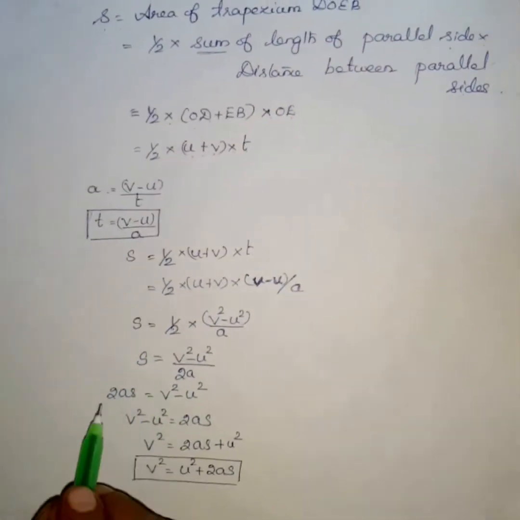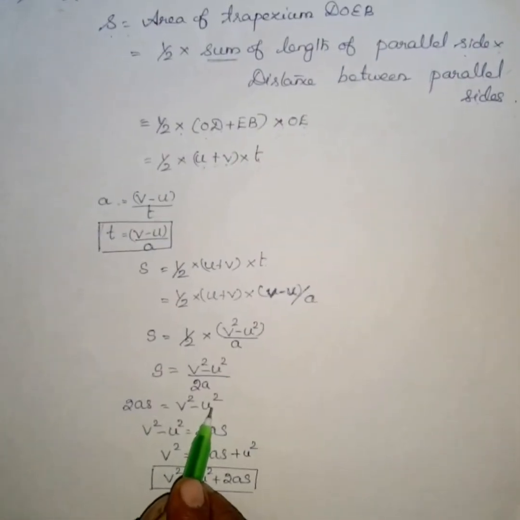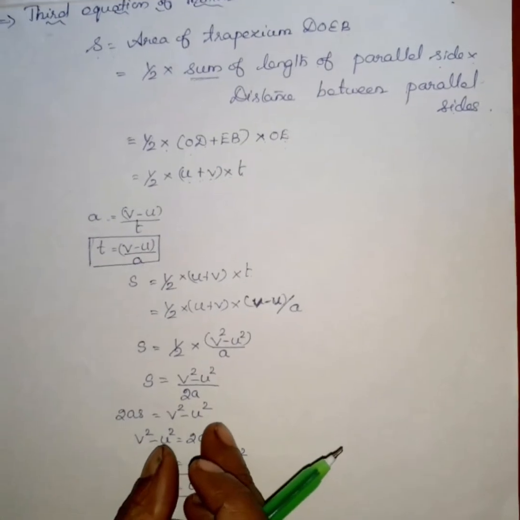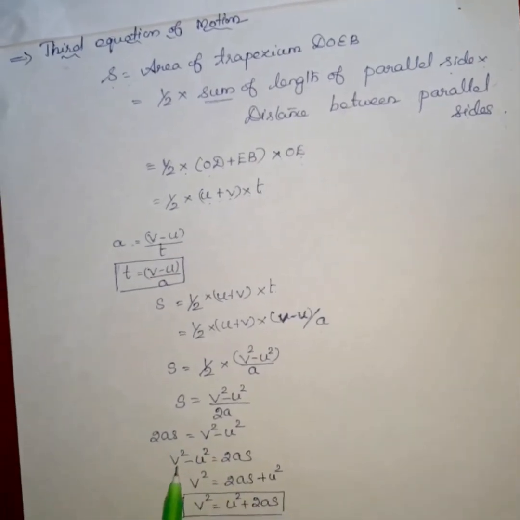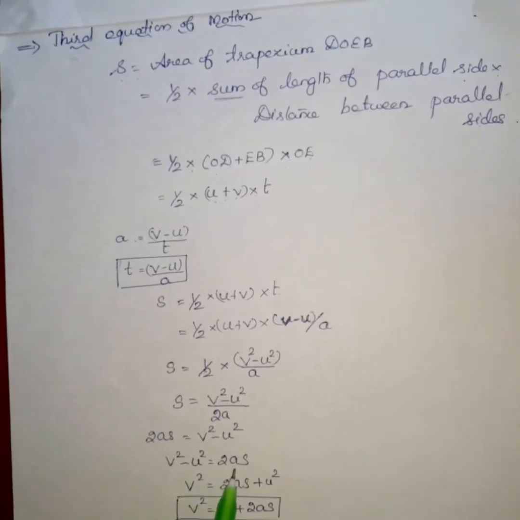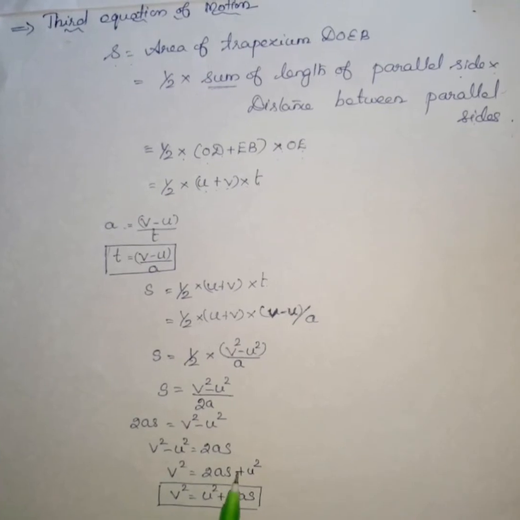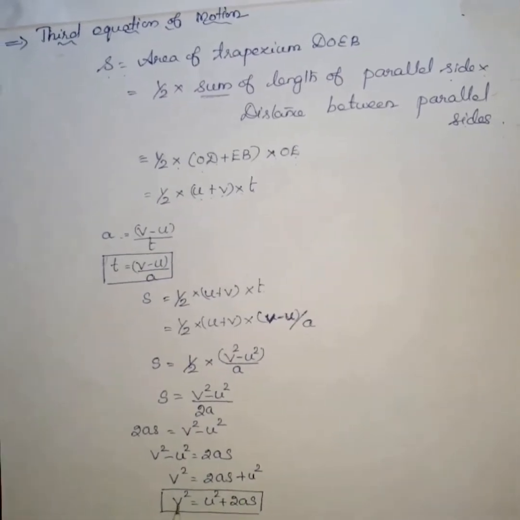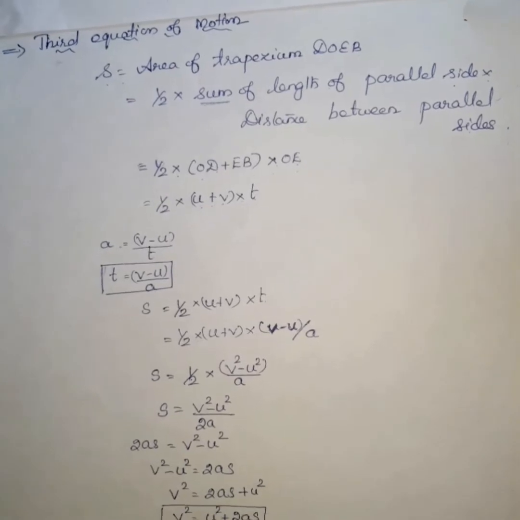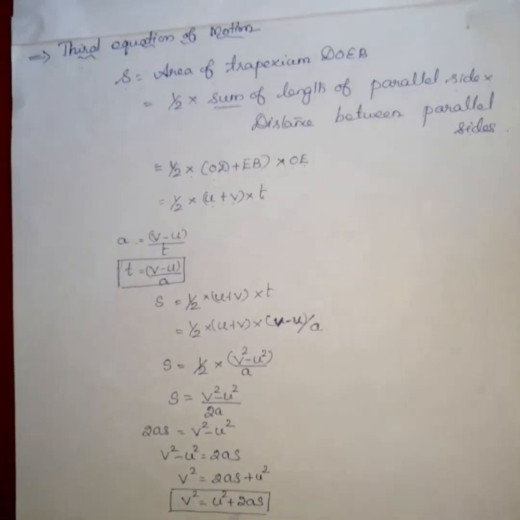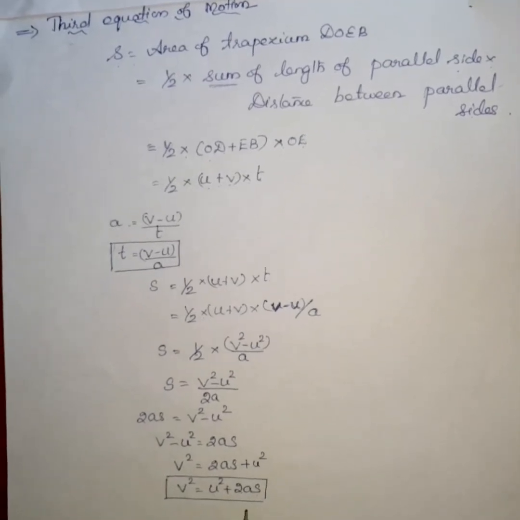Now cross multiply: 2as = v² − u². So v² − u² = 2as, and v² = u² + 2as. This is the third equation of motion.